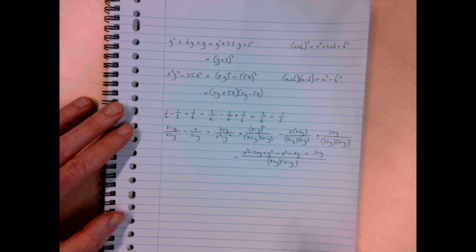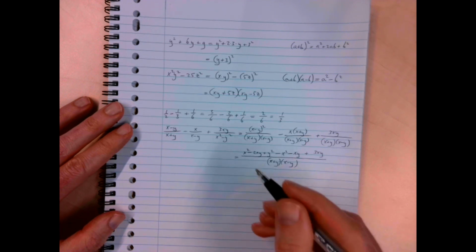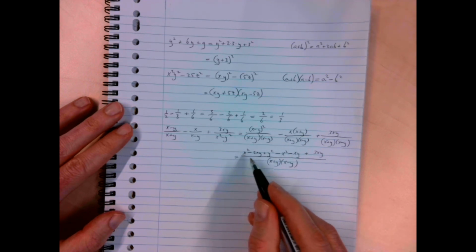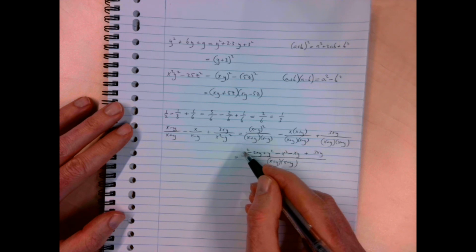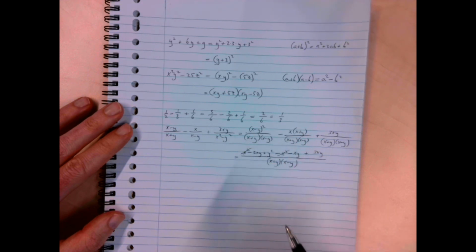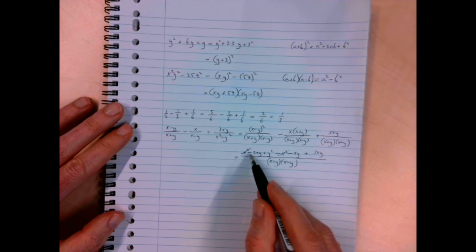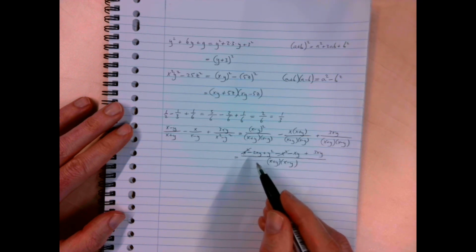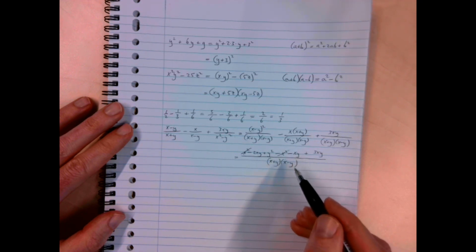So are we done? Well, almost. We can simplify this numerator a bit, because look what happens. There's an x squared over here, there's a minus x squared over there, so those two cancel. That's going to be convenient. So what about the xy terms? Well, there's minus 2xy over here, minus xy gives me minus 3xy.